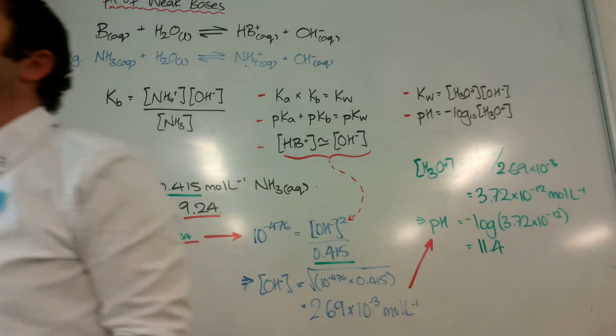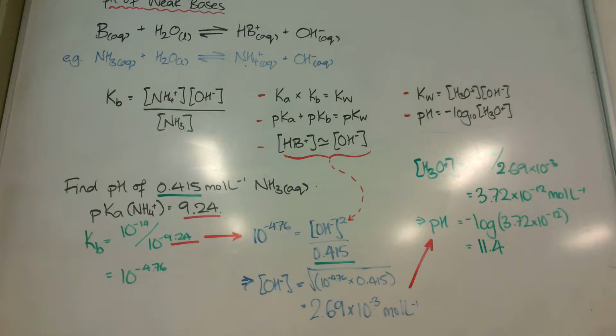The problem is that a weak base doesn't do that. A weak base only partially dissociates. So we don't really know how much hydroxide is being made. And so we're going to have to find that out a different way. So we write an equilibrium equation, and then we write an equilibrium expression, just like we did with weak acids.